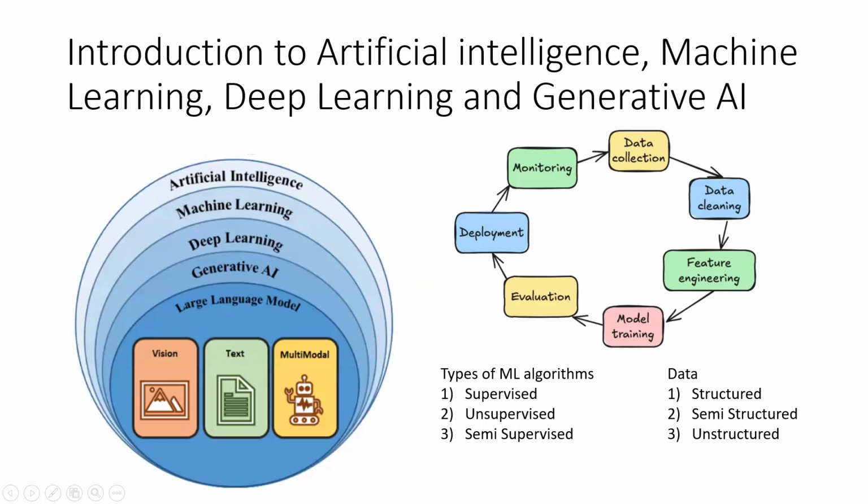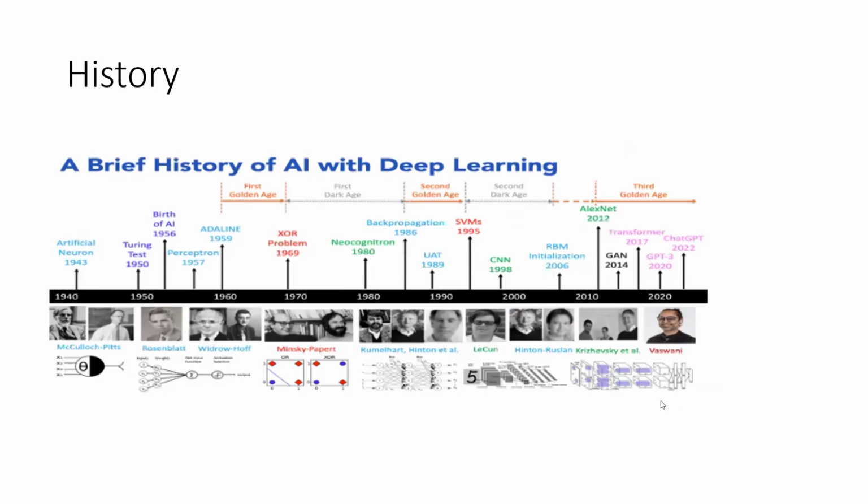Alright, thank you. In this lecture, let's see a brief history of artificial intelligence with deep learning. If you notice here, perceptron is not new. It was there in 1957 itself, but from 2010 onwards there is exponential growth, and we solved a problem called vanishing gradient.